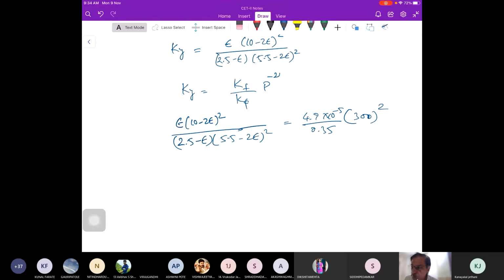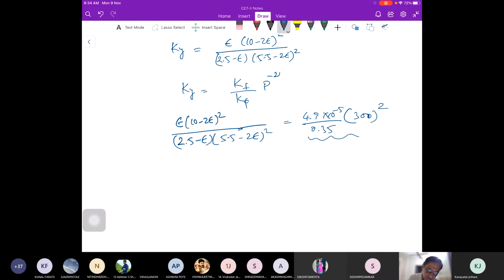So this is what you'll get. To solve this, do you get it directly in the calculator? What is the value of this constant? 12.6.